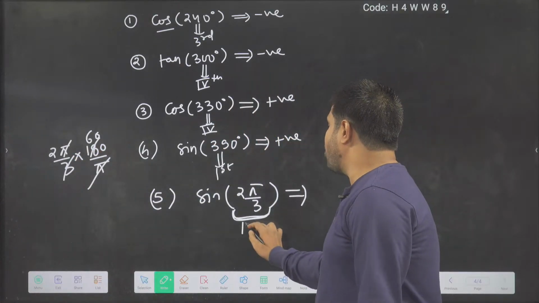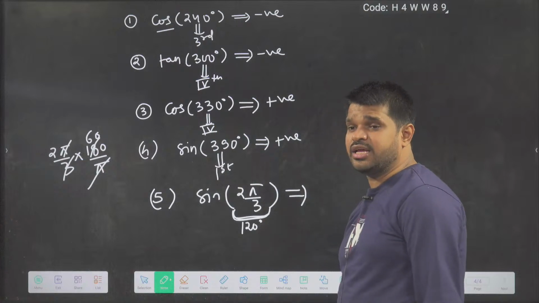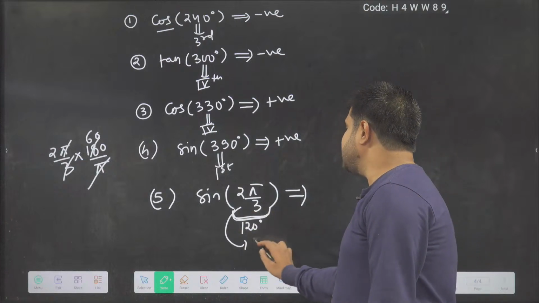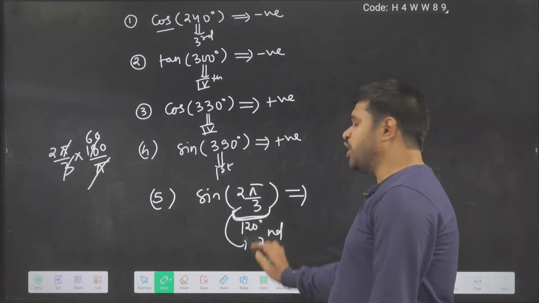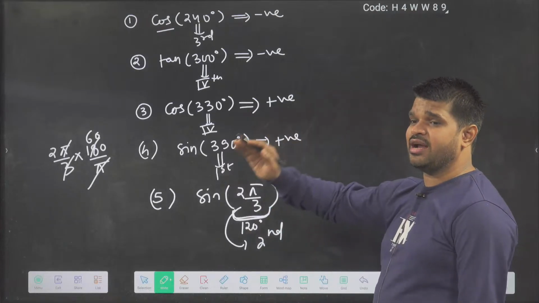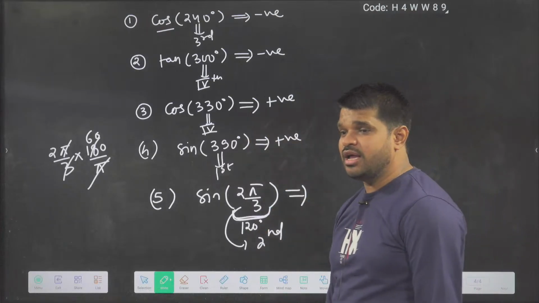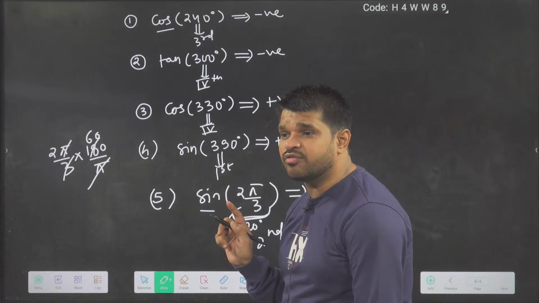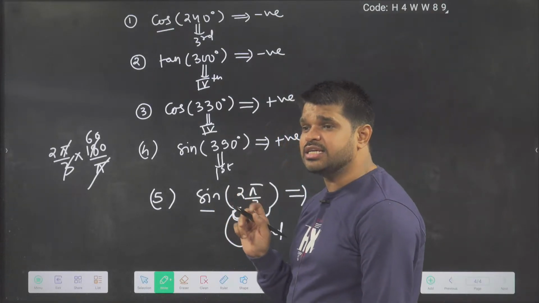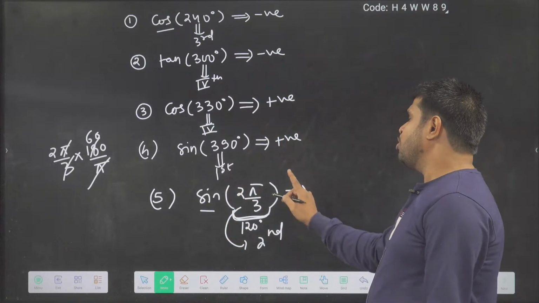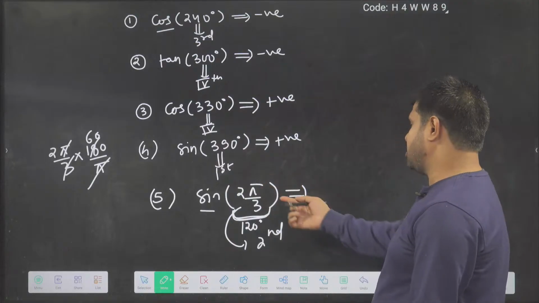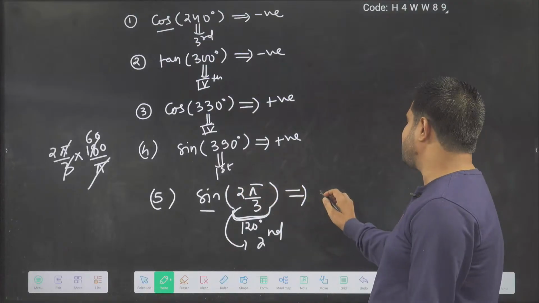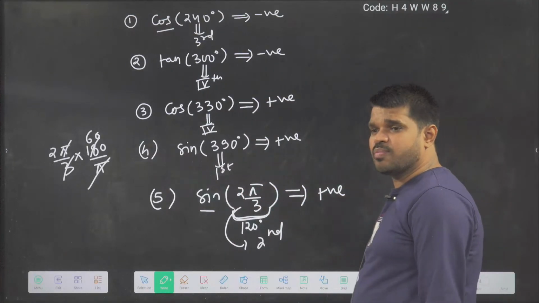So basically 120 degree is written here. 120 degree means second quadrant, between 90 and 180. In the second quadrant, sine is positive. So sine is given and sine is positive, so the answer must be positive.